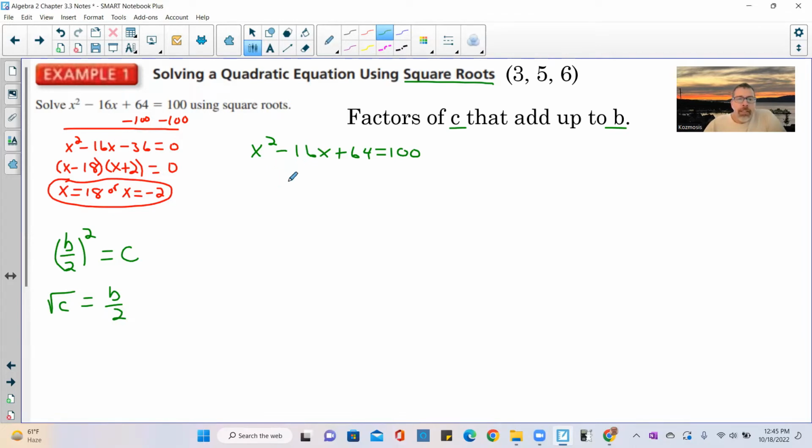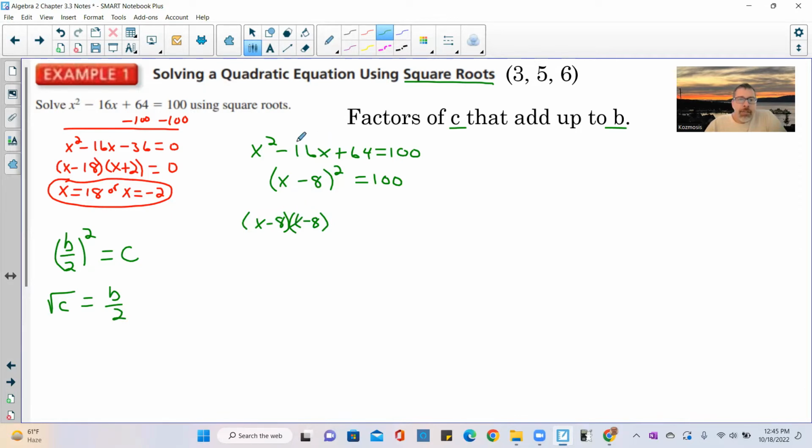So what that means is if you have a perfect square, which we do, you can write it like this. If I FOIL x minus 8 squared, that's x minus 8 times x minus 8. x times x is x squared, x times negative 8 is negative 8x, and negative 8 times x is another negative 8x.